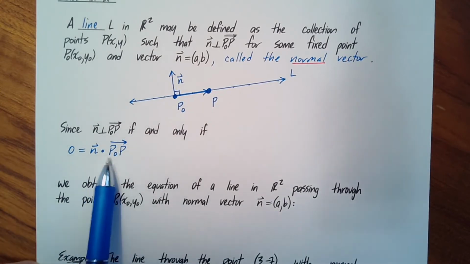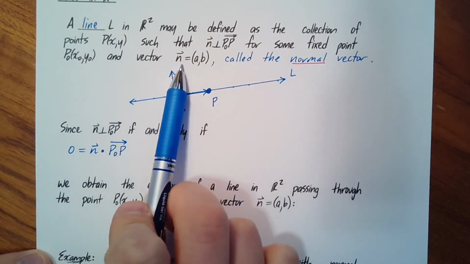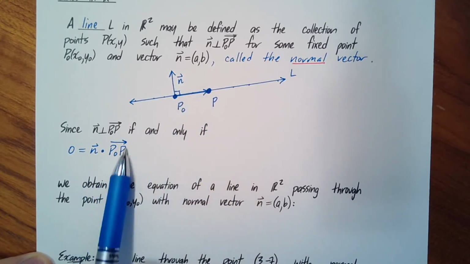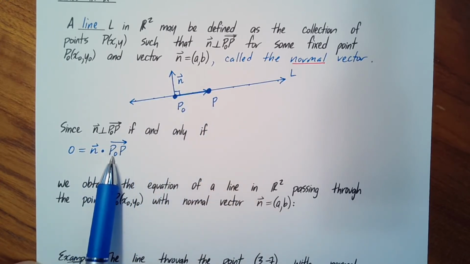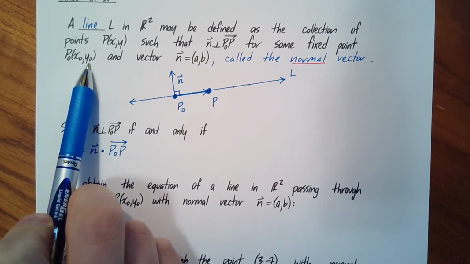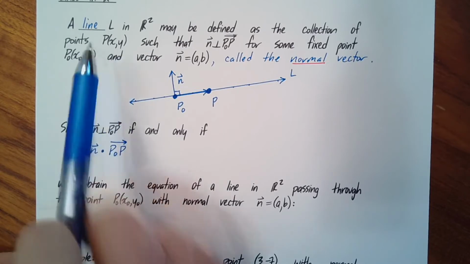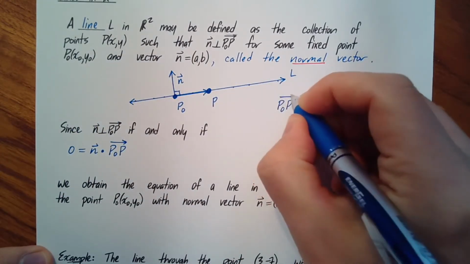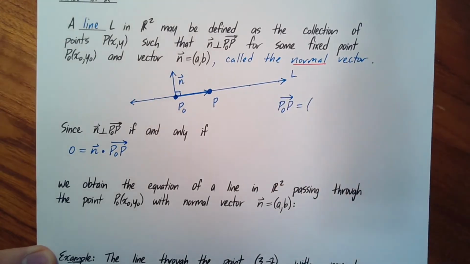Okay, well, what is the vector? We already have coordinates for n, right? The vector n has coordinates a and b. So if we want to work out this dot product, we just need to get the coordinates of the vector that goes from P naught to P. Well, we have P naught, it's right here. And we have the vector P, it's right here. So we can write the vector P naught P. Remember how that works?